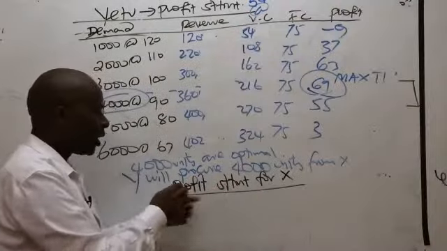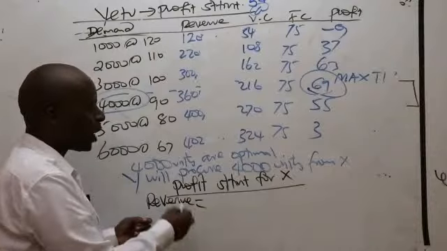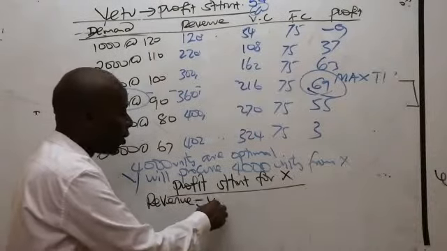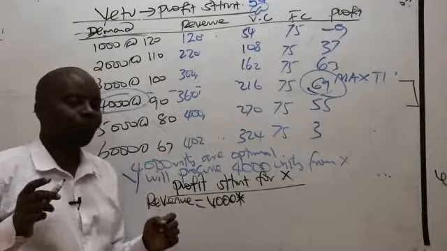Given the 4,000, you talk of revenue, which is price times quantity. I know the quantity is 4,000. So times what price, ladies and gentlemen?